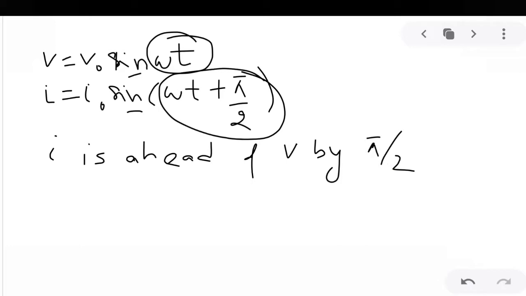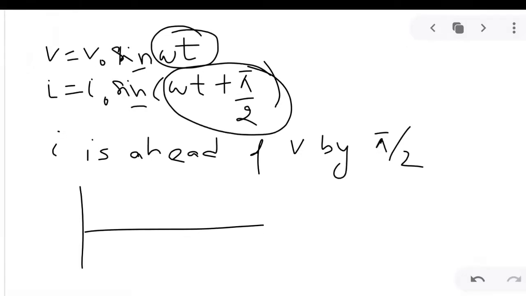Okay, so now if we draw a graph showing the variation of voltage with time and current with time, the graph will be like this. Suppose this red color curve represents the variation in voltage, V is equal to V naught sine omega t.